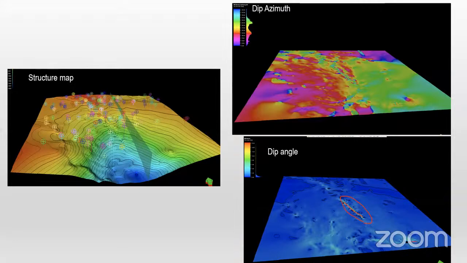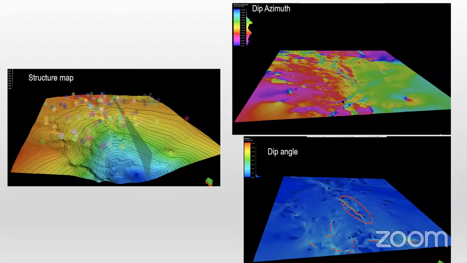Look at this area. We have so many faults. That's a map of Illinois, the structure map of one of the formations in Illinois. But look at these areas with warm colors. We have so many faults here. So with this dip angle map, you can find those faults or structural features.